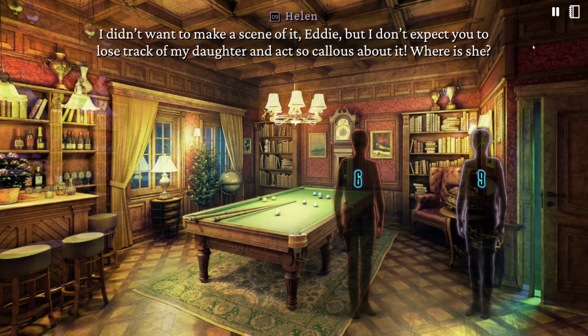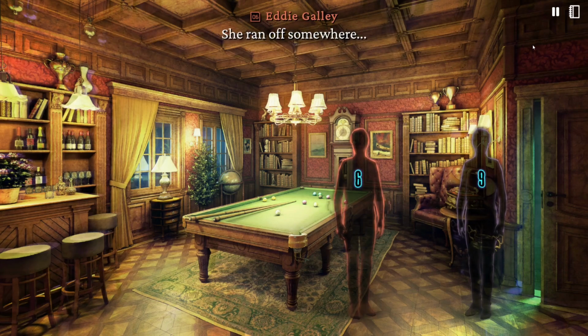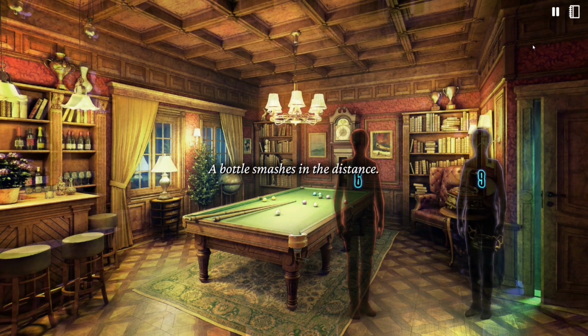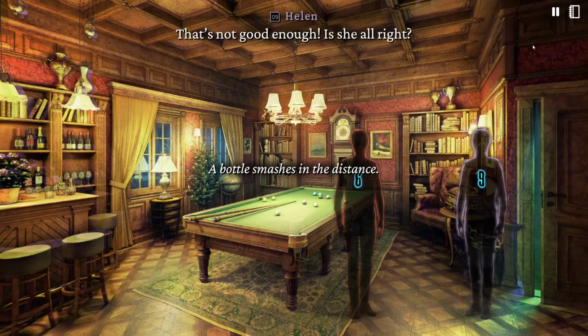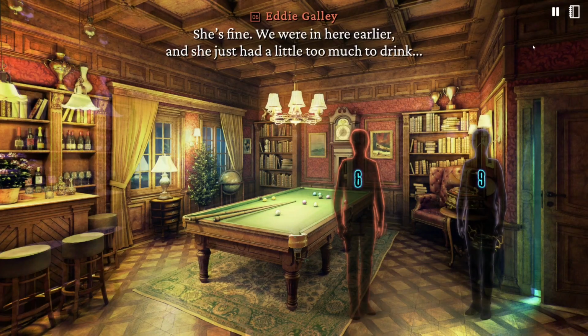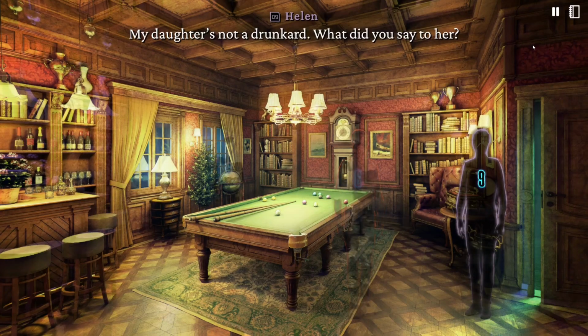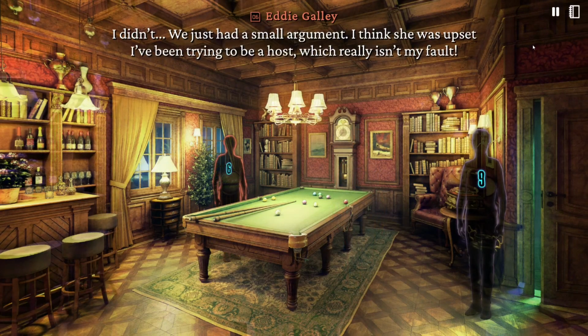Of it, Eddie, but I don't expect you to lose track of my daughter and act so callous about it. Where is she? She ran off somewhere. That's not good enough. Is she all right? Oh, she's fine. We were in here earlier and she just had a little too much to drink. My daughter's not a drunkard. What did you say to her? I didn't... We just had a small argument. I think she was upset.